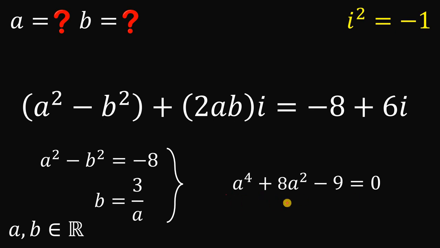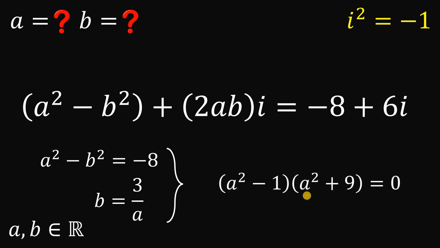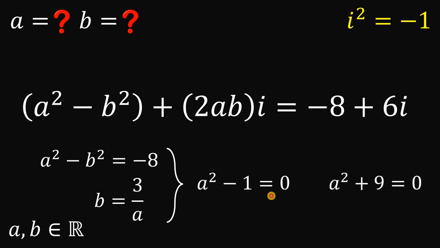Now, the left-hand side of our equation, a to the fourth power plus 8a squared minus 9, can be factored as follows. We can factor this as (a squared minus 1) multiplied by (a squared plus 9). Now, since it is equal to 0, we can say that at least one of them must be equal to 0. So we can say that a squared minus 1 equals 0, or a squared plus 9 equals 0.